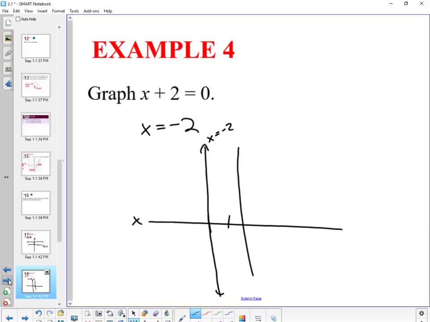X equals -2. It will always be that. Okay? Questions? Is it just different when they throw an x and y into the thing? Well, if you have an x and a y, now it's going to have some slope to it. So it'll behave like this.